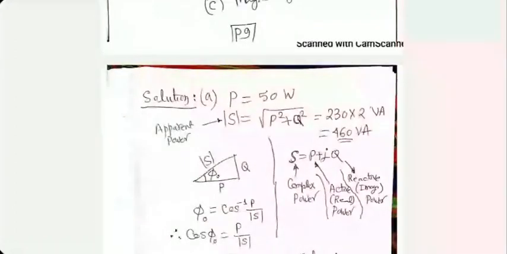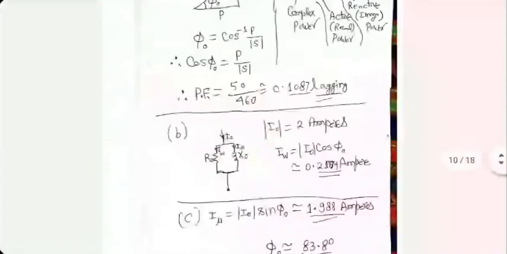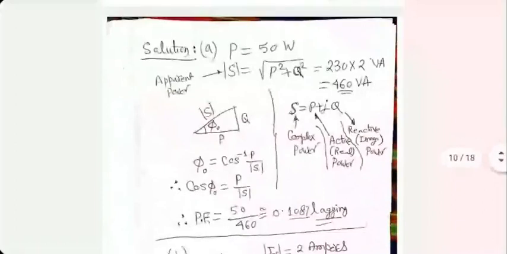You know the magnitude of S, you know P, so Q should be straightforward. In fact, the angle phi naught can also be calculated very easily. Once we have two sides of the triangle, the third side as well as the angle are easy enough to figure out.